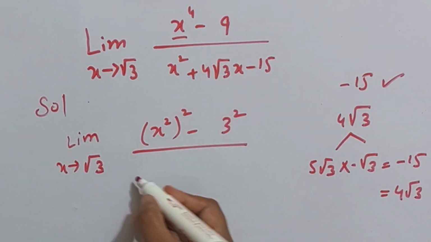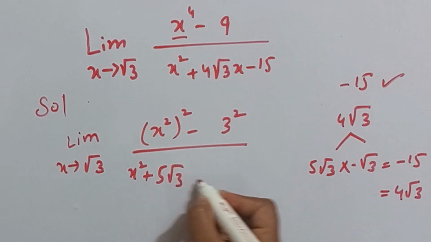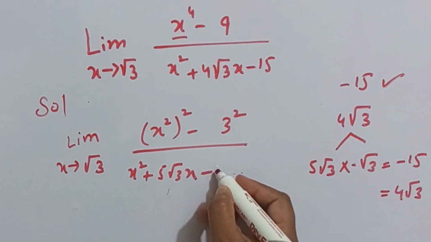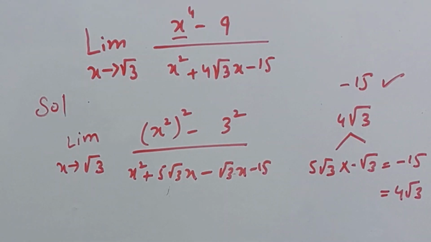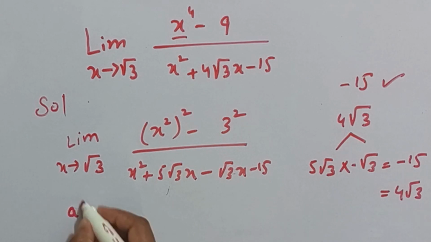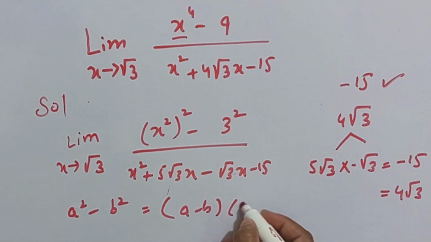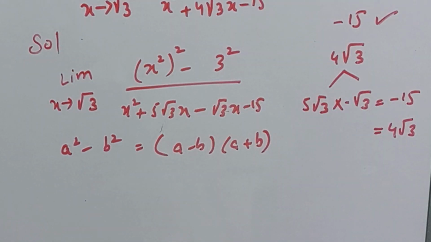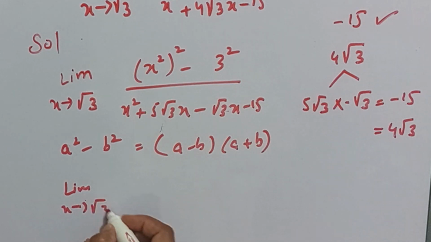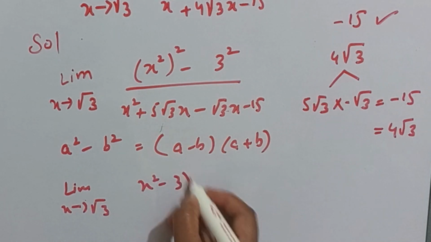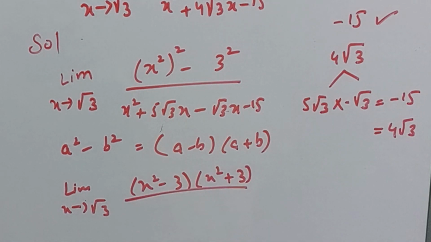That is why we write this denominator as x square plus 5 times square root 3 x minus square root 3 x minus 15. Now in the numerator, we apply the identity a square minus b square, which is equal to a minus b multiplied by a plus b. According to this identity, our numerator becomes x square minus 3 multiplied by x square plus 3.